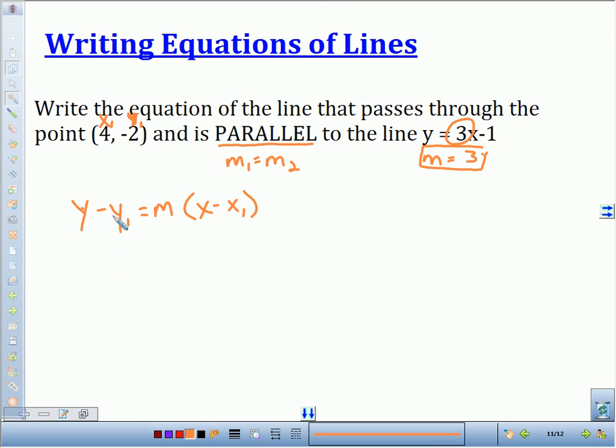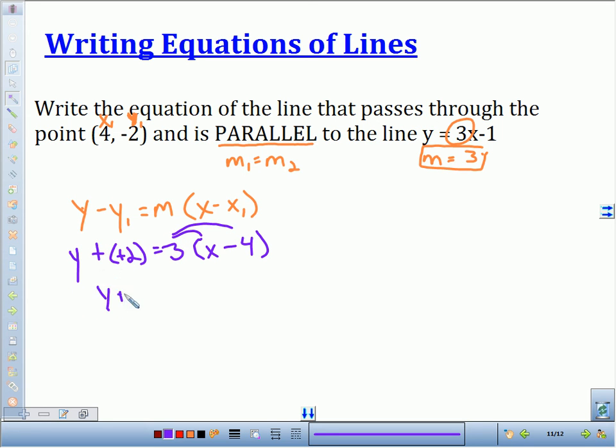Same old formula. We plug in our values, the substitute step. We have y minus negative 2 equals 3, our slope, times x minus 4. We distribute. I change these.